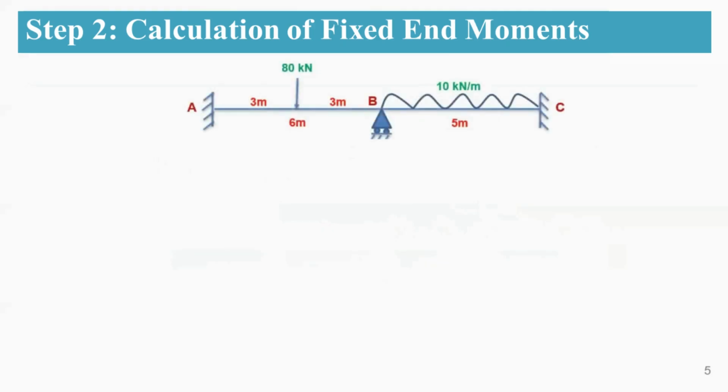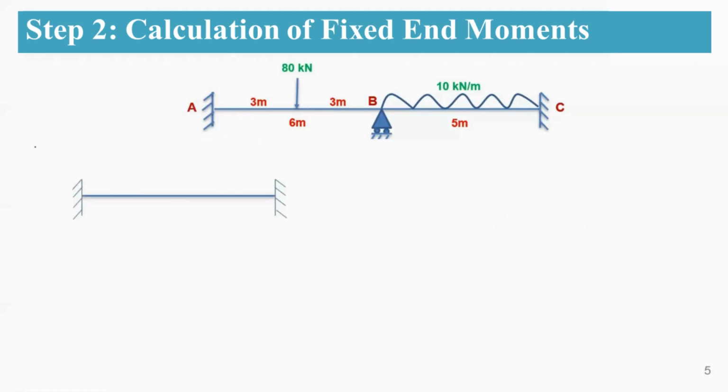Now coming to your next step, you are going to calculate the fixed end moments. How are you going to calculate your fixed end moments? For this beam, we are going to assume all the supports to be fixed supports. So here A, B and C are assumed to be fixed supports. And here you are going to take AB separately and BC separately.